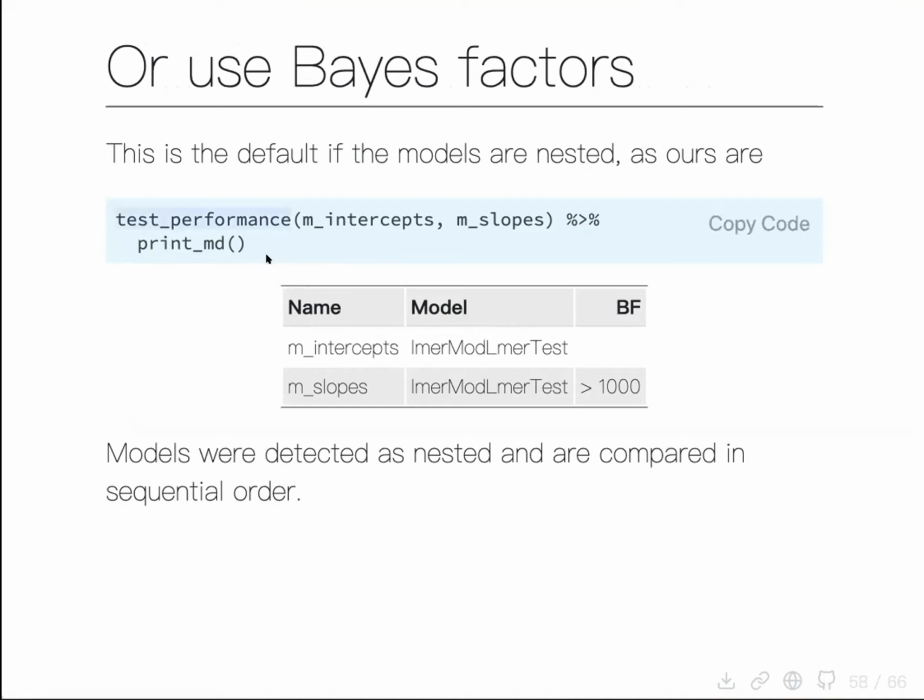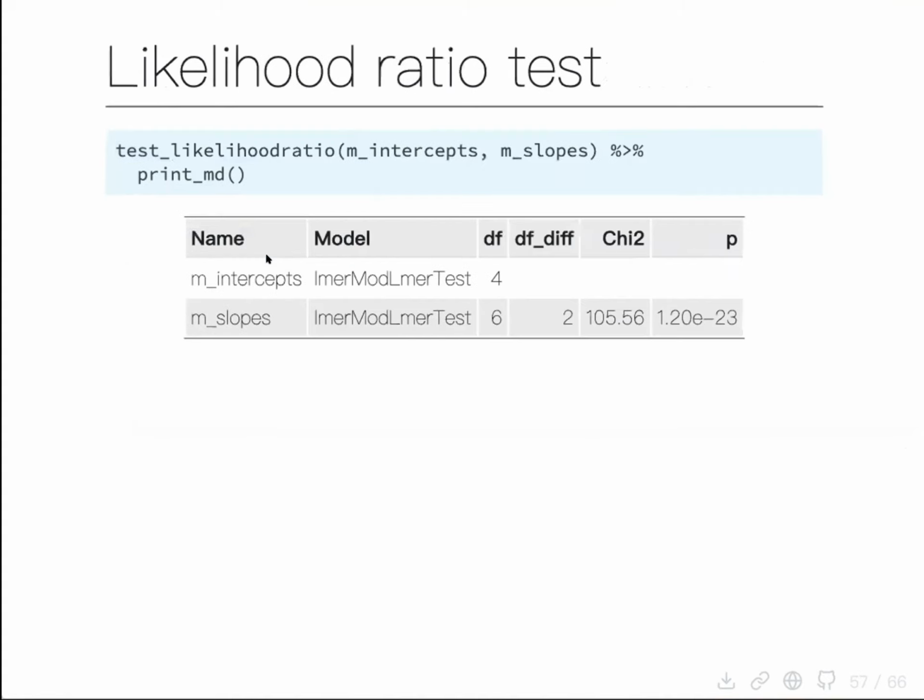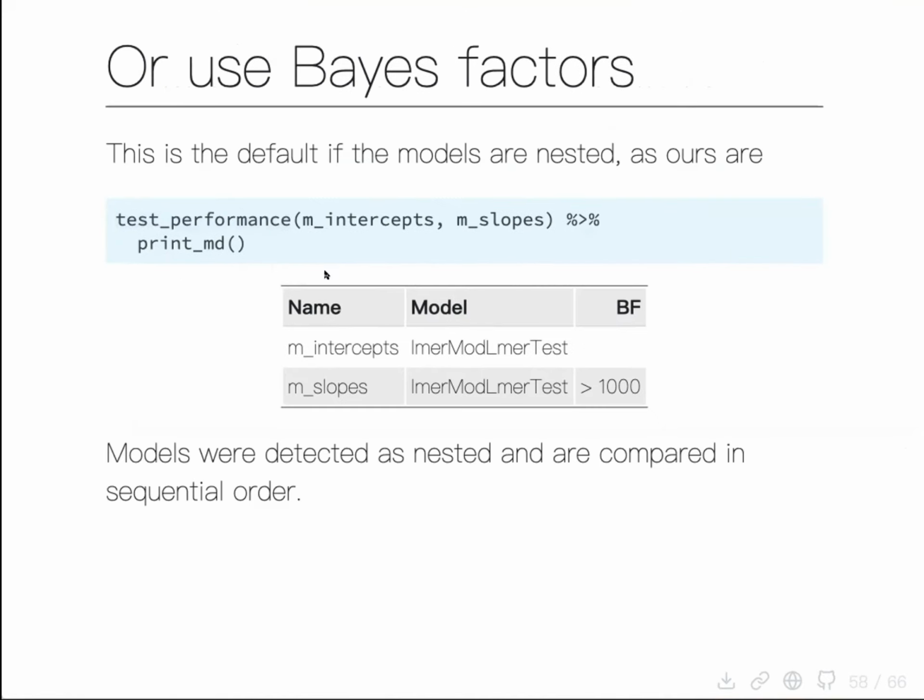It will either do this log likelihood test or it will do Bayes factors. If you have a Bayes factor value of greater than like 30, again, a rule of thumb sort of thing, then that's really good evidence that the model it's comparing to fits better. Okay, so M-slopes fits better according to the Bayes factor.